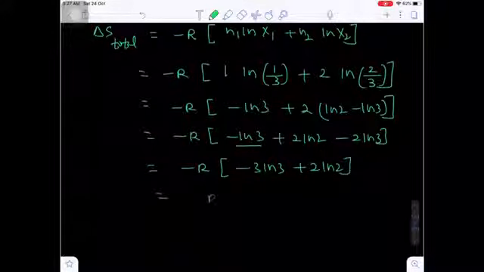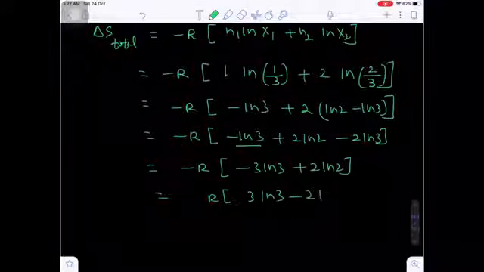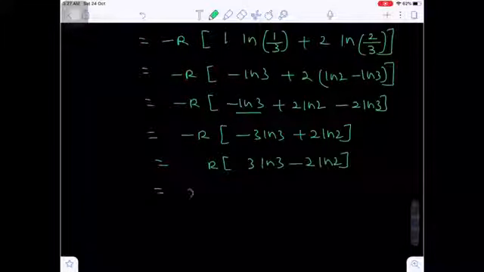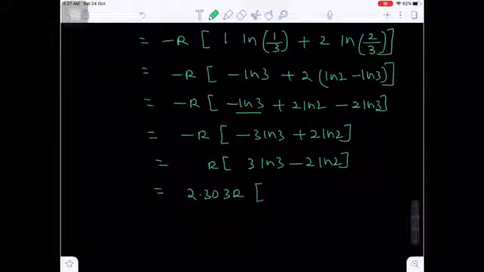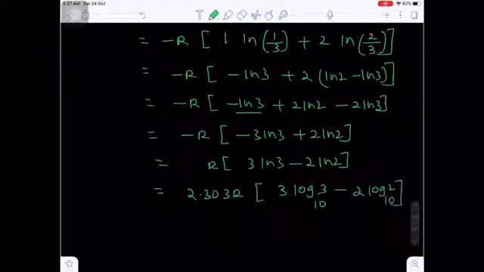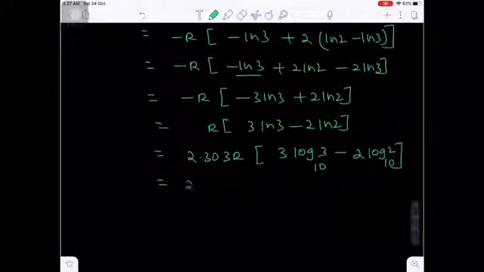Okay, if you multiply with a minus sign, you will get capital R into 3 ln 3 minus 2 ln 2. Okay, now if you multiply with 2.303, you will get the logarithm to the base 10, that will be 3 into log 3 to the base 10 minus 2 into log 2 to the base 10.